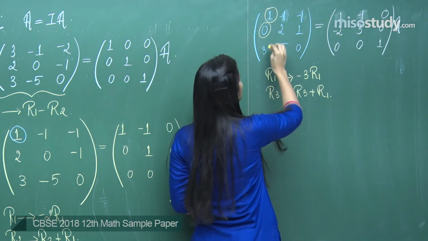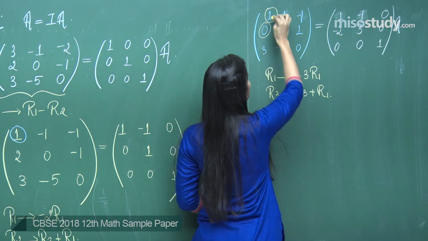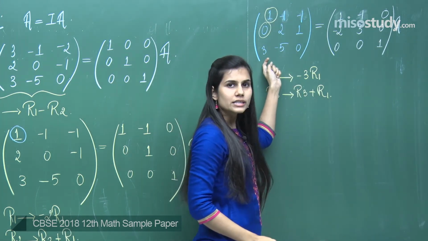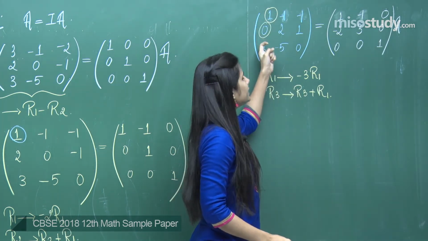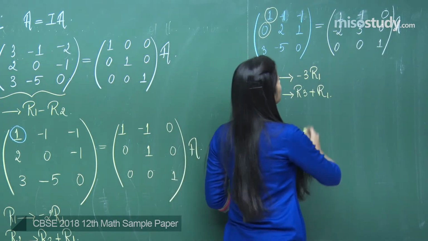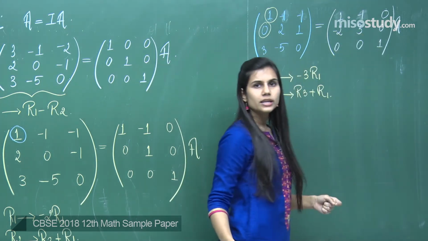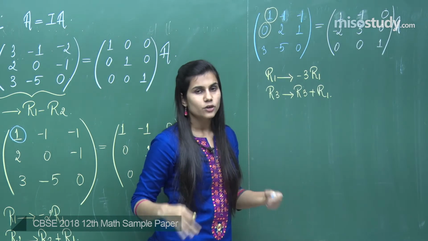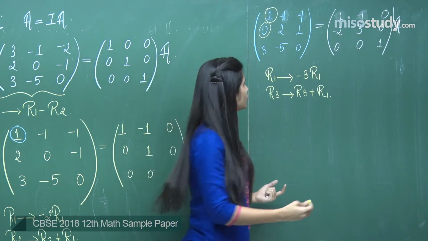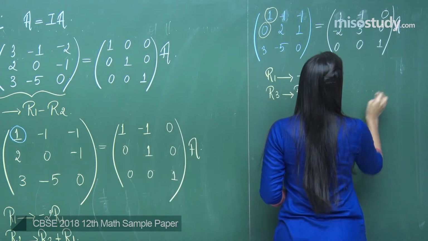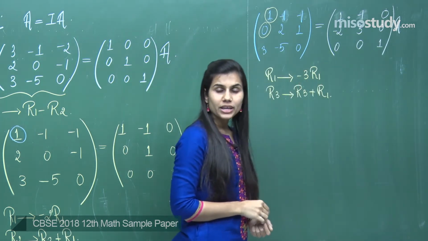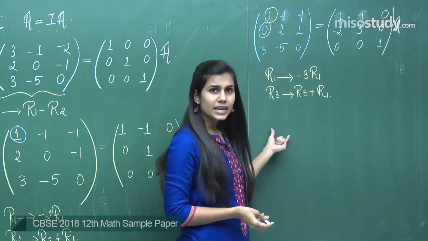By doing that you will get minus 3 over here. 3 plus minus 3 is going to deliver a 0, and that's how you are going to get 1, 0, 0. If you do the same thing here, this entire matrix will similarly get manipulated in a respective manner. So this is how you can continue applying the operations. This is something very, very easy.